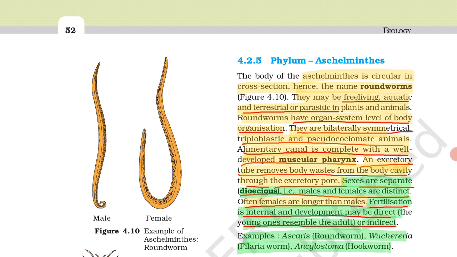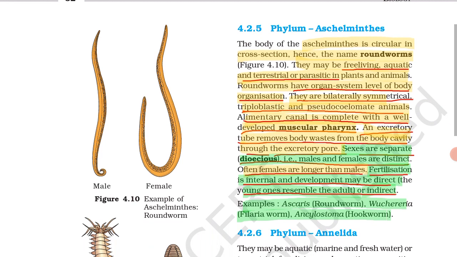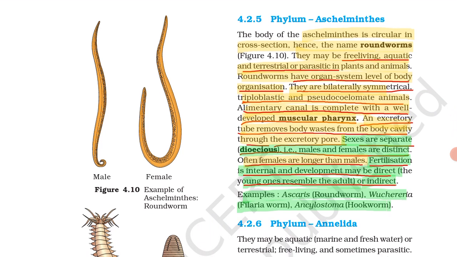The alimentary canal is complete with a well developed muscular pharynx. This is also a most important point.